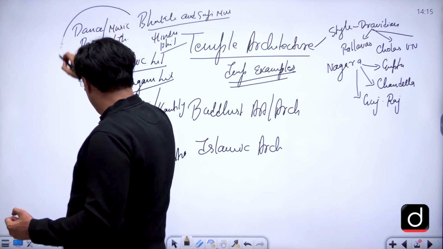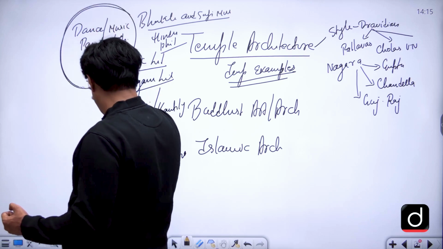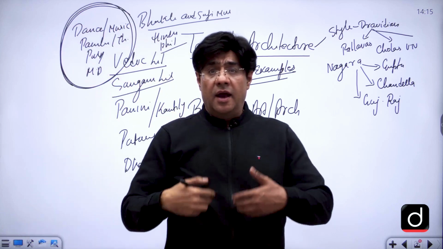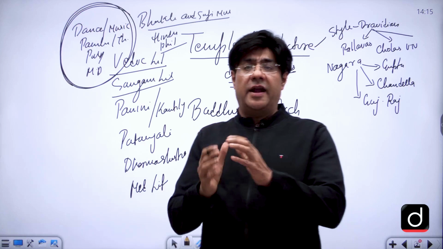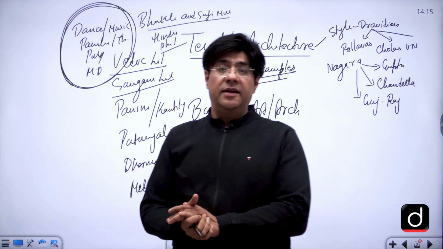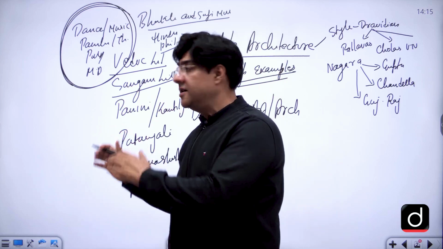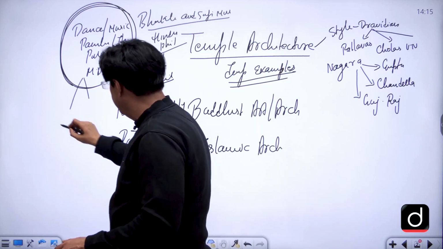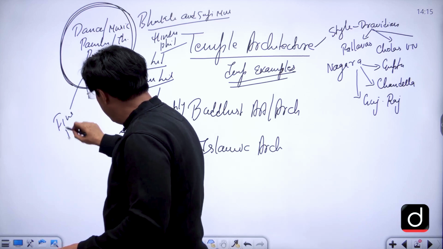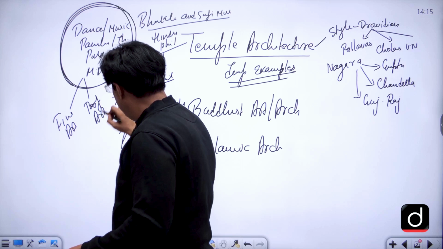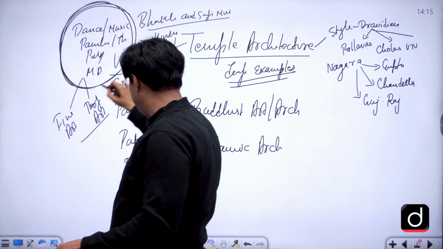So this we can make one section: pure art, both performing art and the art which we find in the form of painting. So both kinds of arts, fine arts as well as performing arts, can be covered under one theme here.